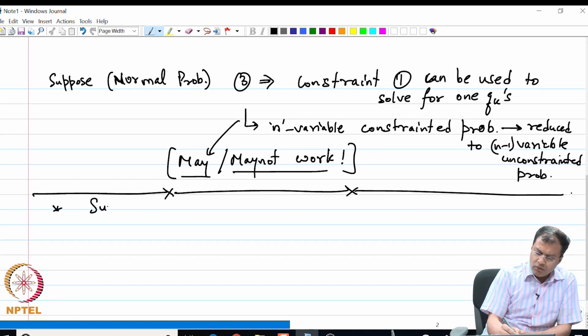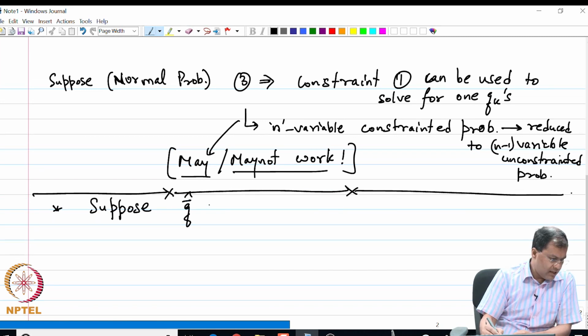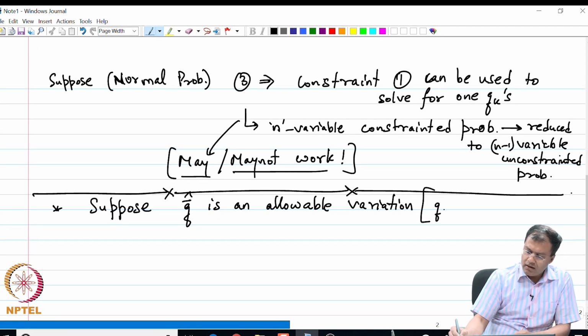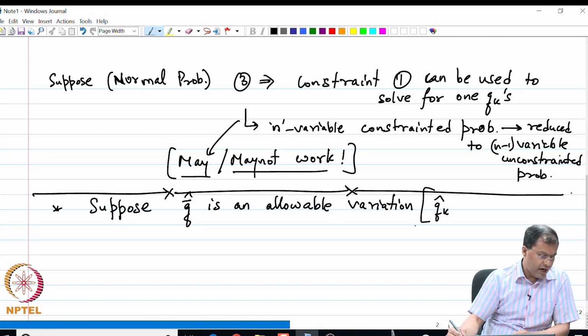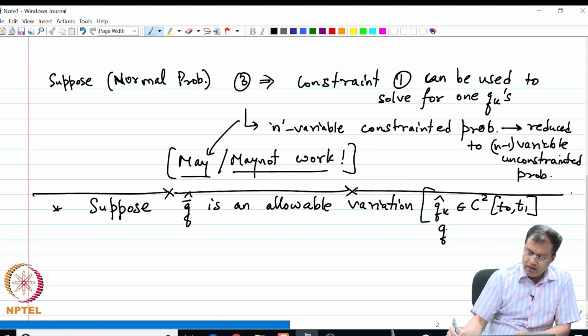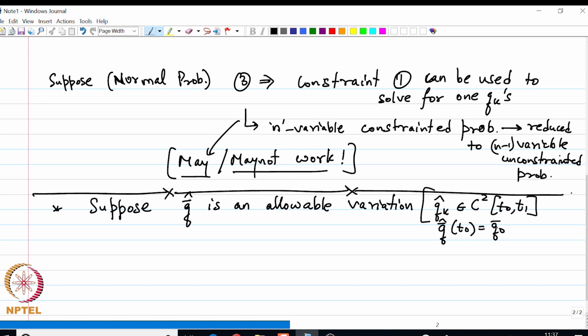Suppose I look at a perturbation in the extremal. So, suppose q bar hat is an allowable variation where each of the components q hat k is C2 of [t0, t1], where q bar hat of t0 is q0 bar and q bar hat of t1 is q1 bar.